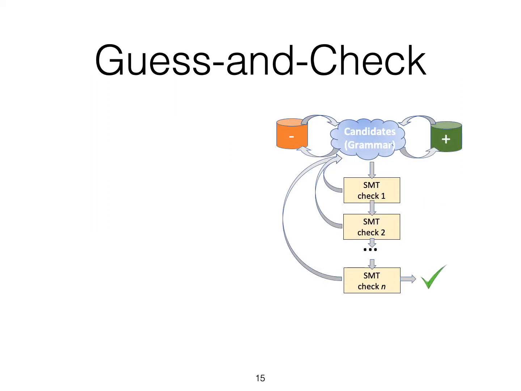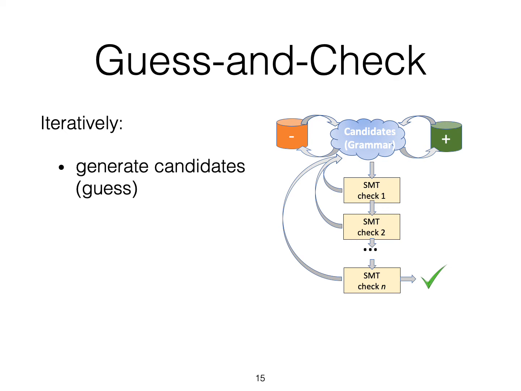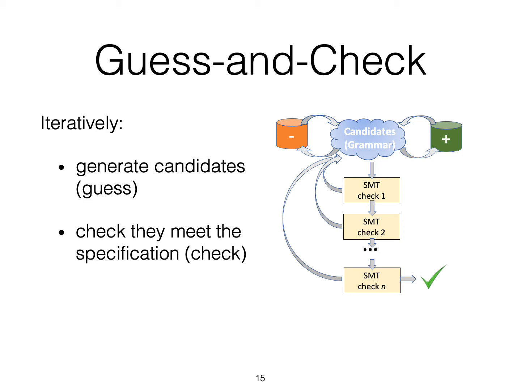Generating such a program or a summary P can be done using a guess and check approach. It's an iterative approach, where at each iteration we generate a candidate that meets our set of syntactic restrictions, and this constitutes the guess part of guess and check. We then check using, for example, an SMT solver, whether the candidate meets the specification.